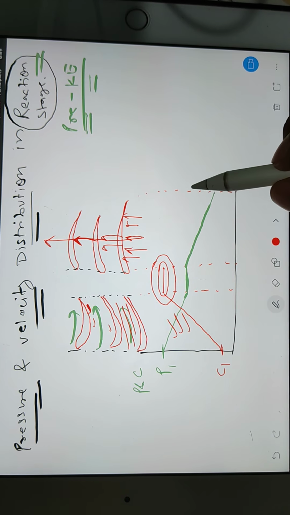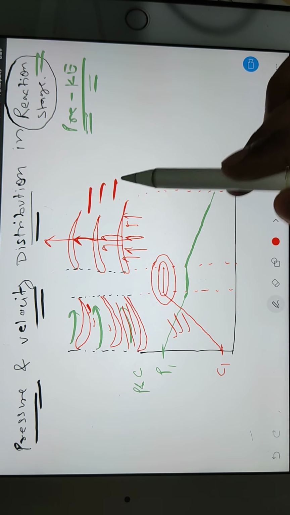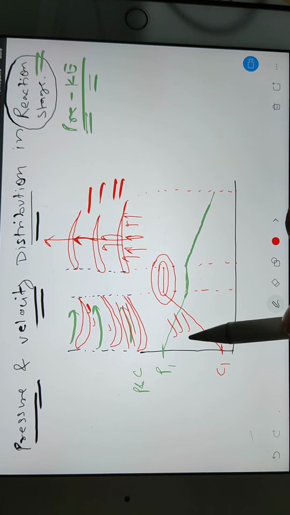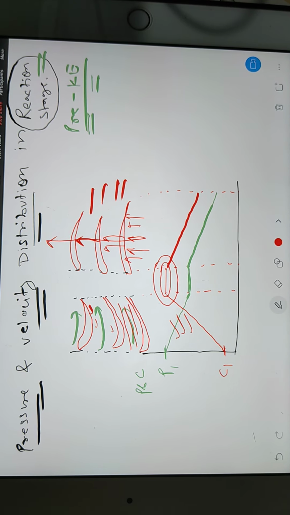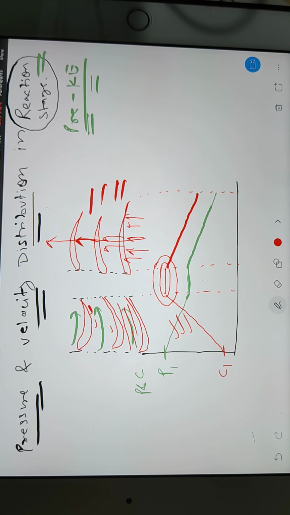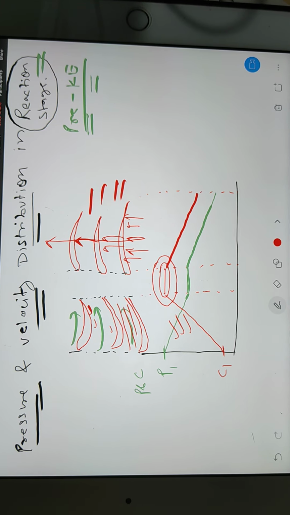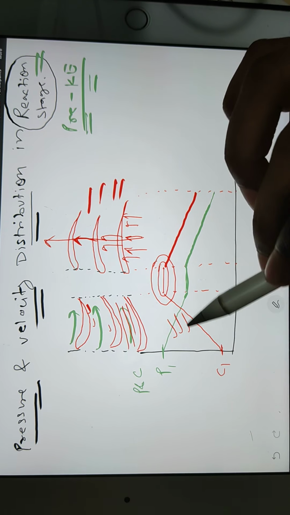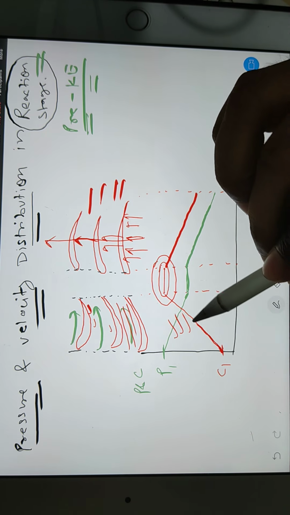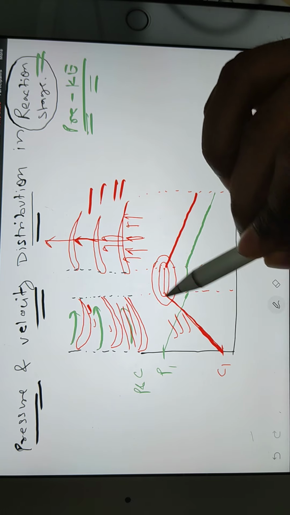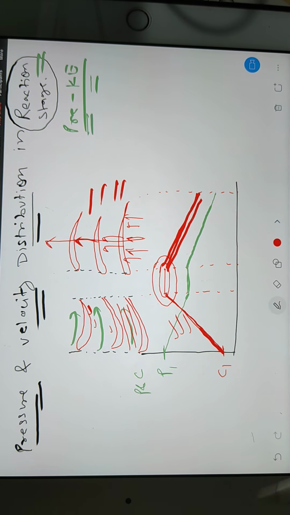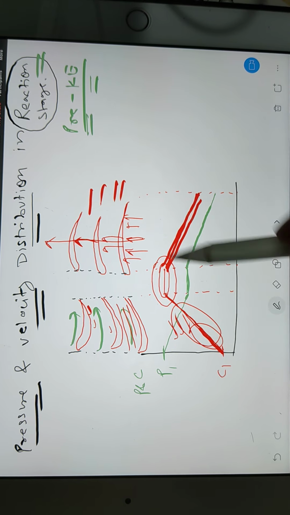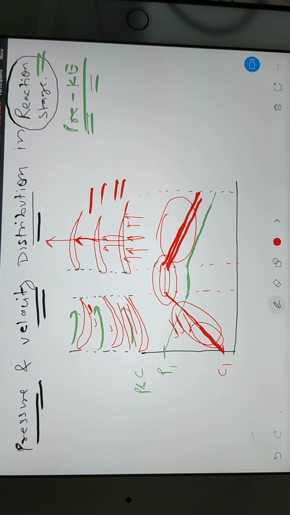So when the flow comes at the exit of the rotor, it will have less absolute speed. It means your absolute velocity is decreasing, right? It's clear. Okay, simple. Here your absolute velocity is increasing, here your absolute velocity is decreasing. Here kinetic energy is increasing, here kinetic energy is decreasing.